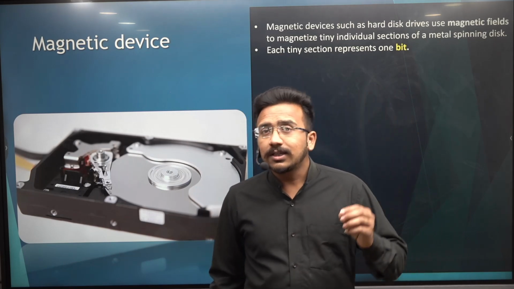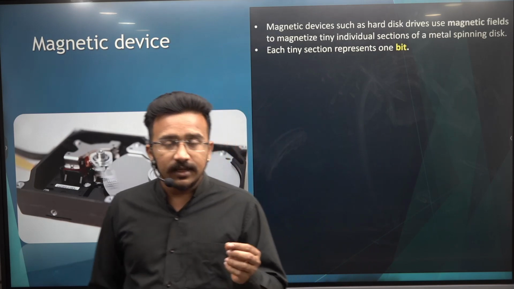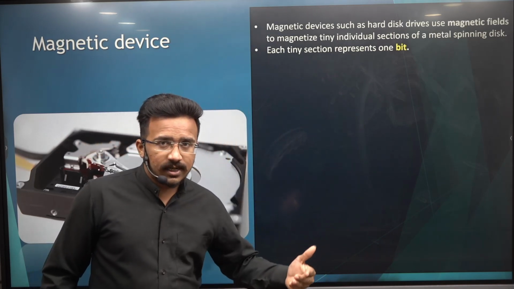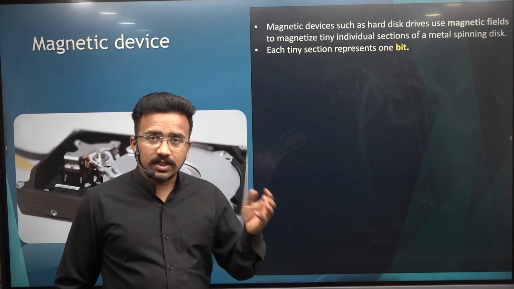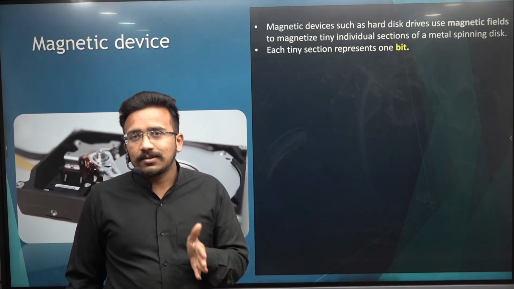So depending on the alignment of the poles of that magnetic property, the data will be stored inside the disk and can also be read. North will be considered as a 1 and south as a 0.